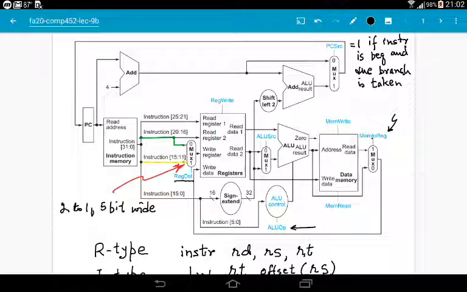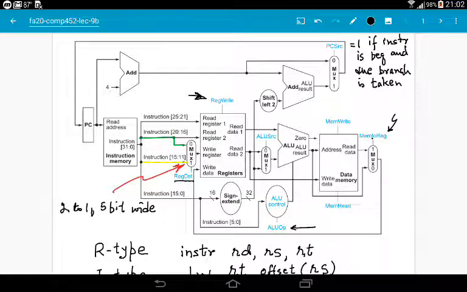Now we have a few more lines. Reg write. When is reg write 1? Reg write is 1 for all R type instructions, and it is 1 for load word instruction, because in load word instruction a value is read from memory and written to a register.